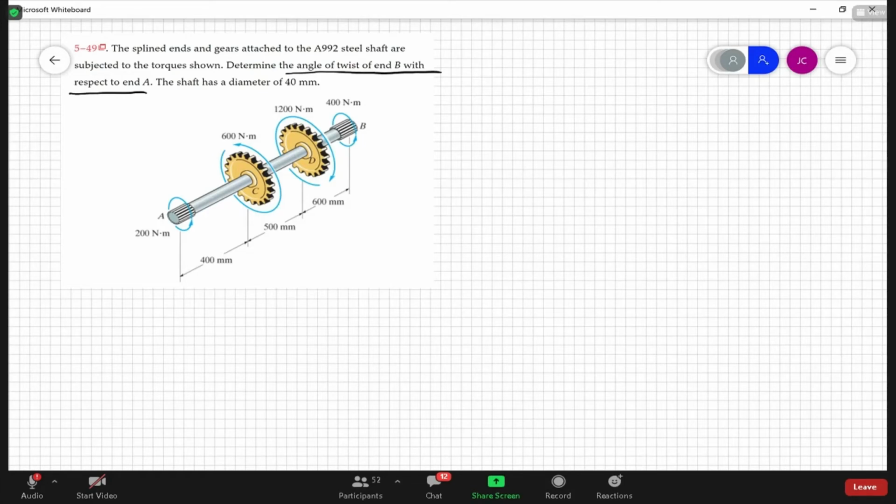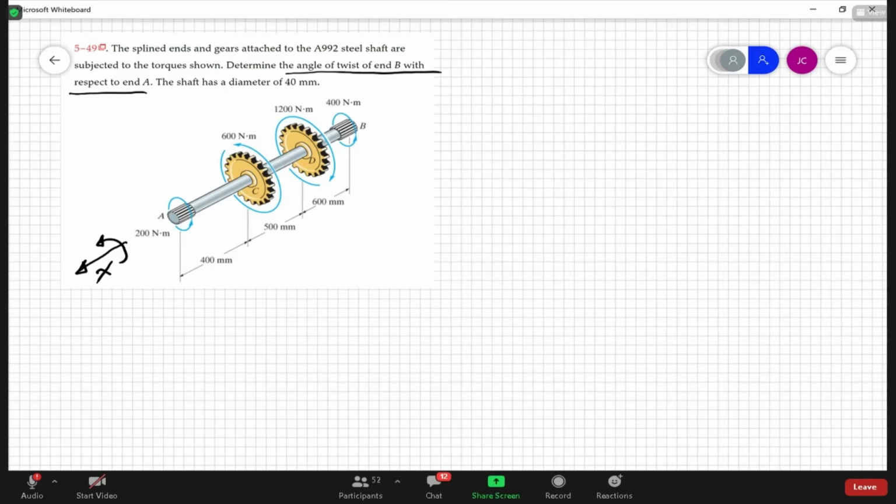So I'm going to use the following convention. I'm going to call this the x-axis. And that means that using a right-handed rule, torques applied in a counterclockwise manner are positive, as well as rotations in that direction are positive, okay? A negative rotation would be a rotation clockwise looking down the x-axis, okay?